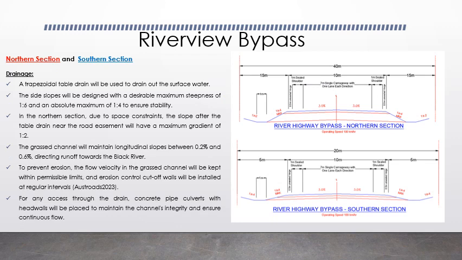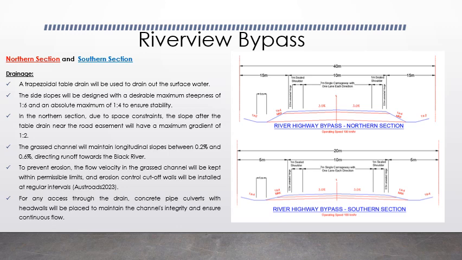Surface drainage for the northern section and southern section. So we'll have a trapezoidal table drain to drain out the surface water of the road. The maximum slope of this table drain will be restricted to 1 in 4 to ensure stability.